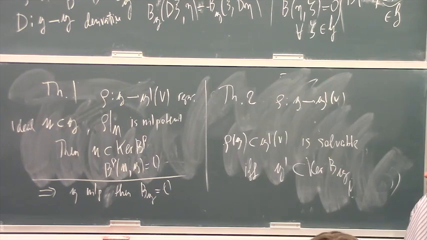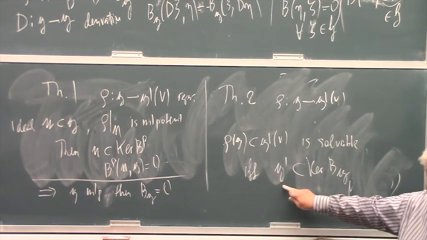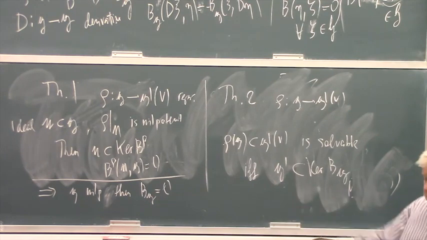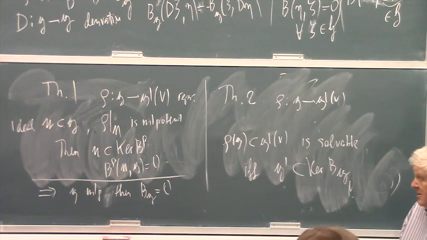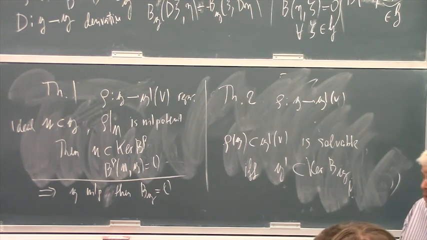Meaning that for solvability we need just this thing, that any element of G prime, any commutator actually in G, is orthogonal to everything.